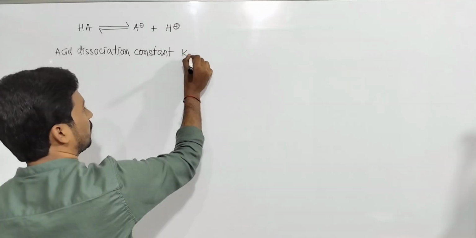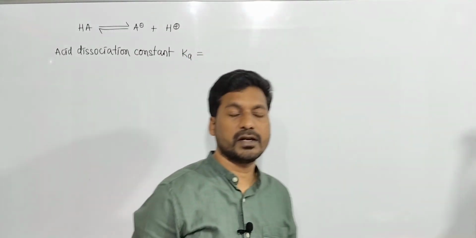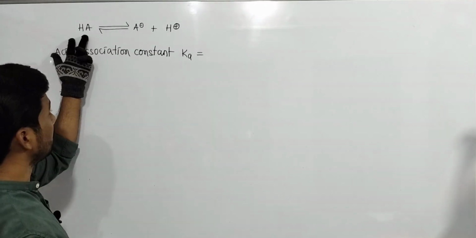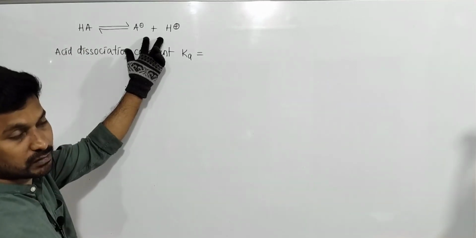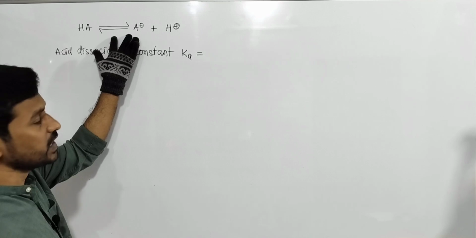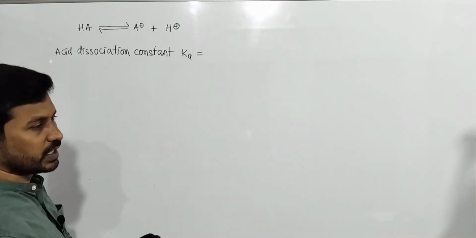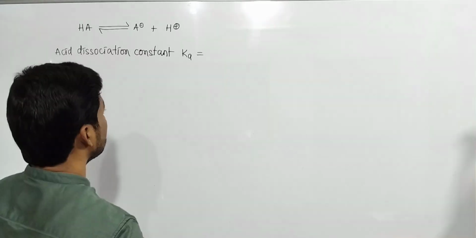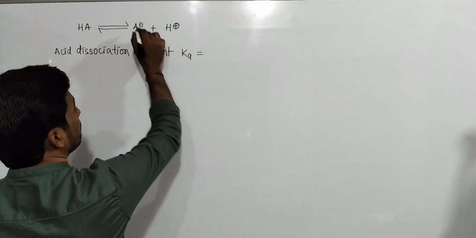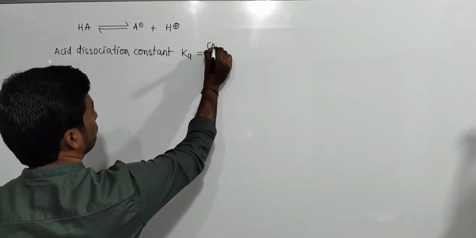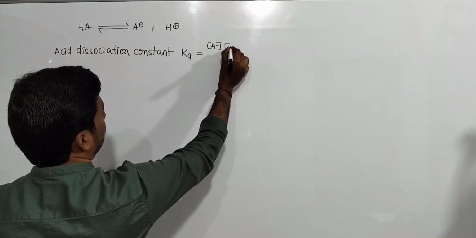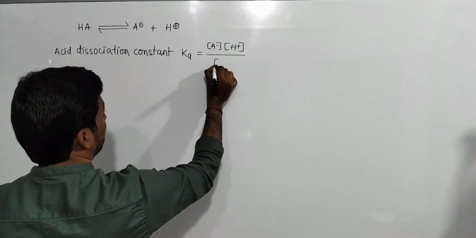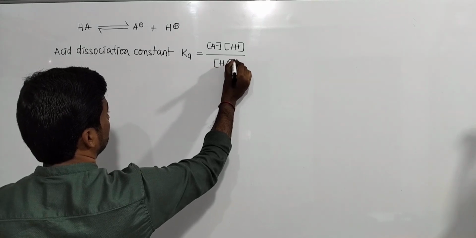Ka is equal to, what is the acid dissociation constant? That is an equilibrium constant, the equilibrium between dissociated and undissociated species, because this is a weak electrolyte. So Ka is equal to the product of the molar concentrations of the products divided by the product of the molar concentrations of the reactants.